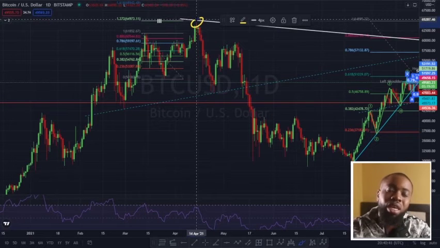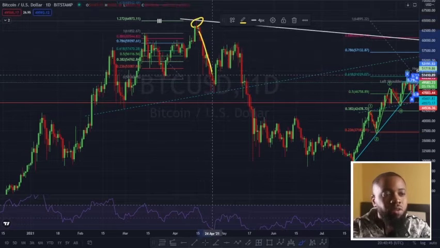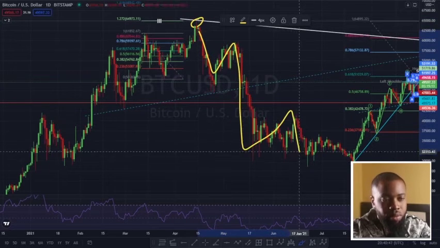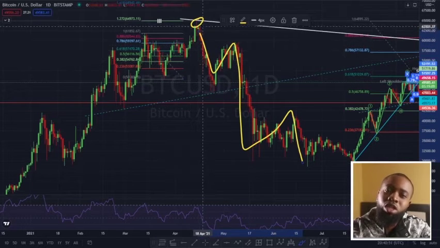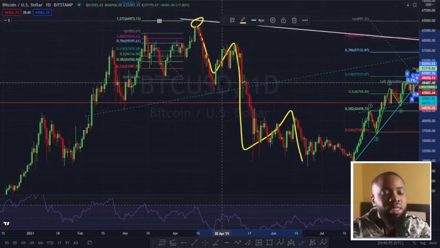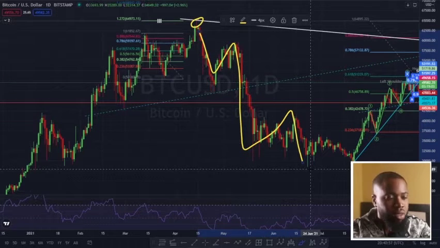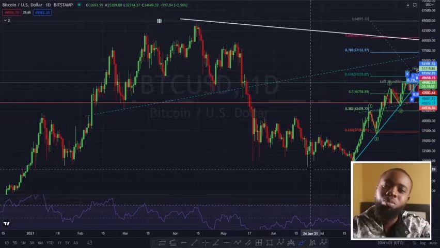That was where we started getting this major sell-off, which gave us a 5 wave to the downside. Keep this all in mind. After the completion of this harmonic pattern, we started getting a sell-off in 5 waves to the downside. All right, so now let's move forward.